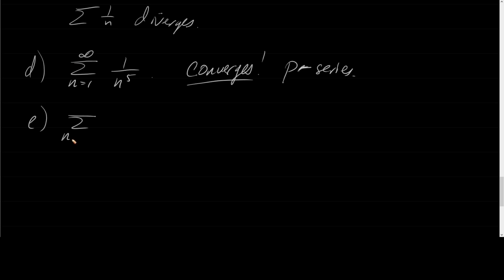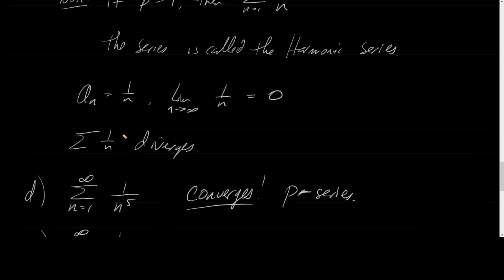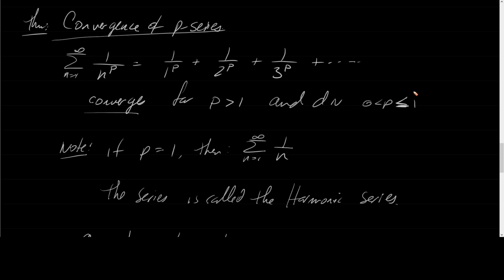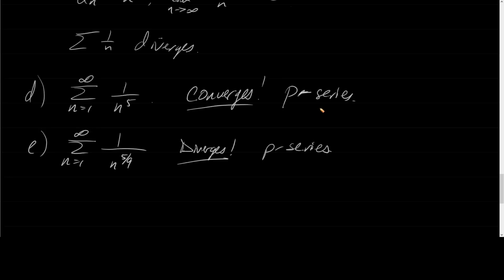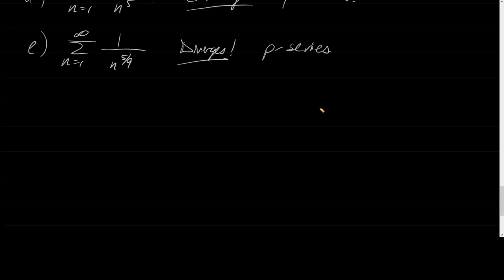If I had the series from n equals 1 to infinity of 1 over n to the 5/9, this diverges. Again because of p series, our p is 5/9, and 5/9 is between 0 and 1, so therefore it must diverge. So that's a great thing about p series. It allows us to look at some of those quite quickly.